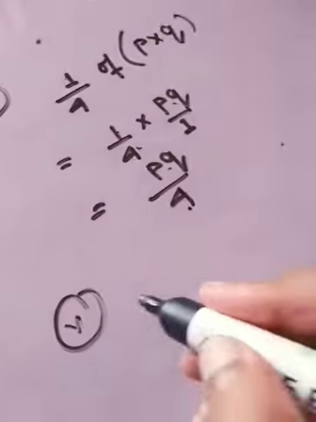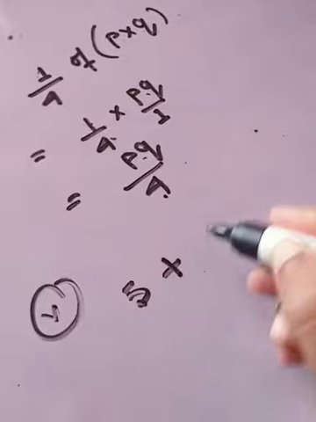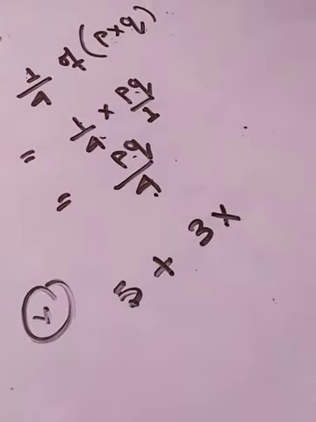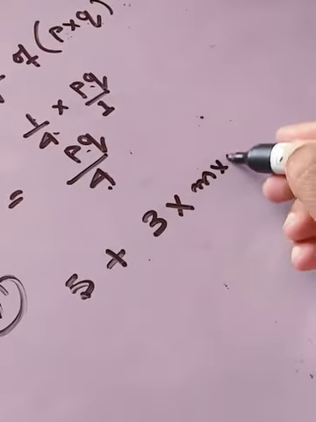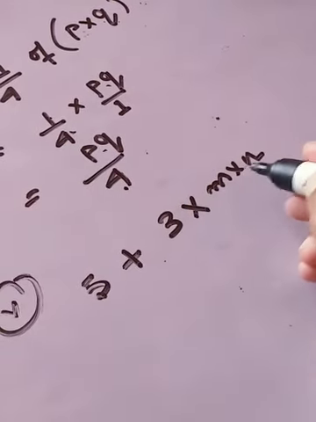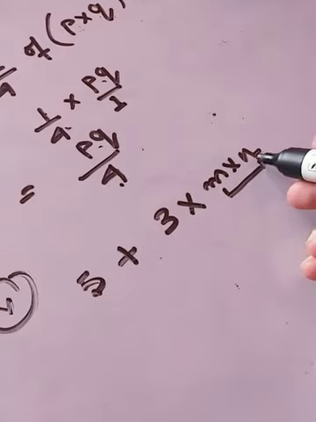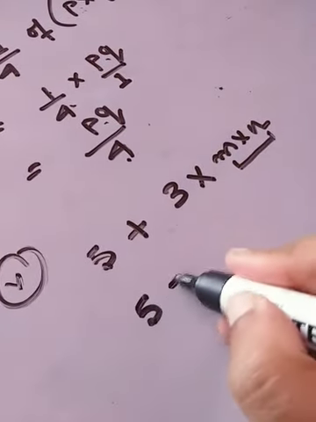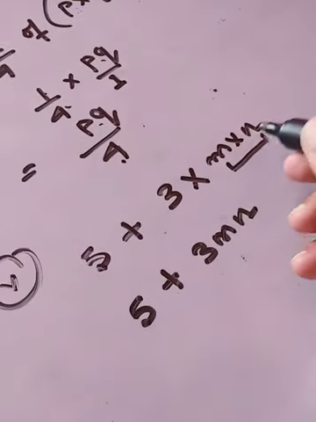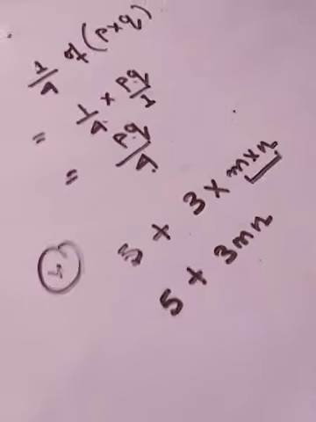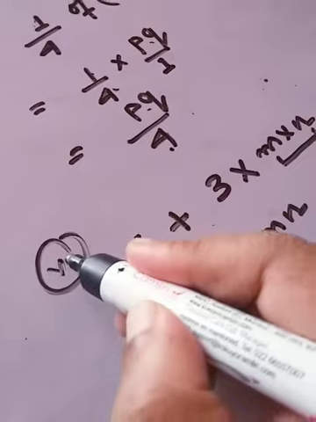So number 5 is added to 3 times the product of m into n. 3 times means into the product of m and n, meaning m into n. So the required answer will be 5 plus 3mn. If you multiply all three together, the answer will be 3mn. Okay, this is not 5, this is 6.